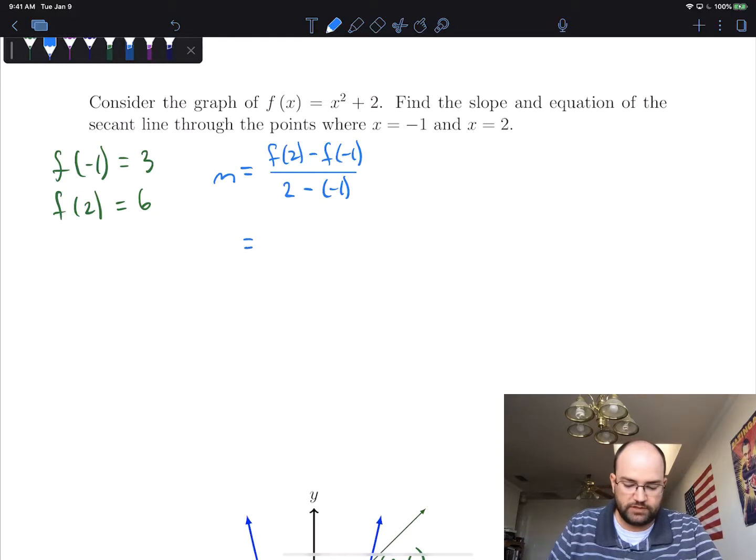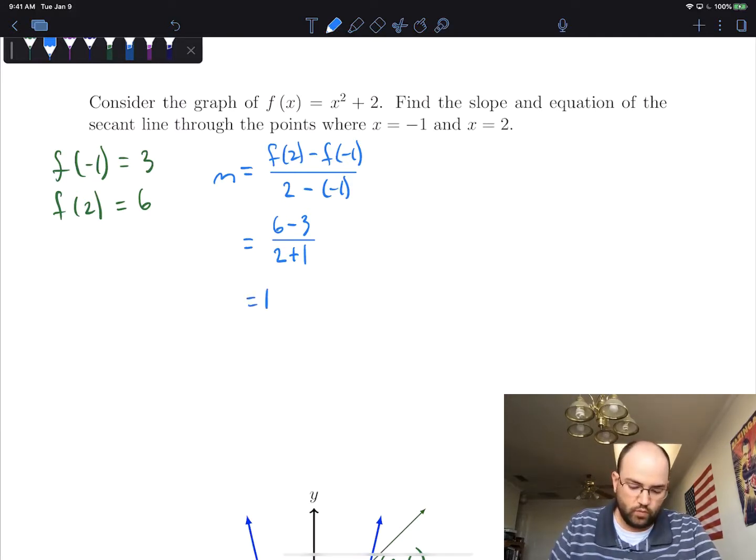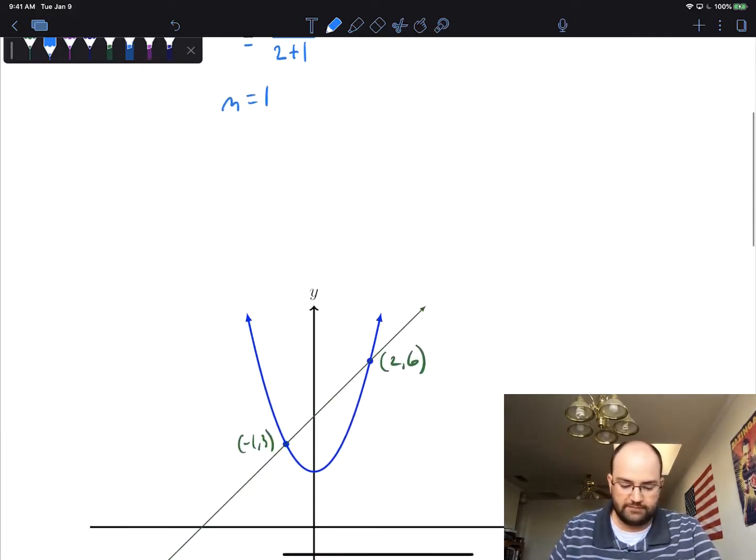And then just plug in what you know. f of 2 is 6 minus f of -1 is 3 all over 2, and then minus a negative is plus 1. So 6 minus 3 is 3, 2 plus 1 is 3, 3 divided by 3 is 1. So we have 1 for the slope.